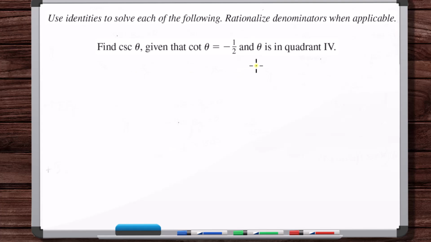Same type of question. We want to use the Pythagorean identity to solve this. But what's the Pythagorean identity between cosecant and cotangent? Sine squared plus cosine squared equals 1 is easy, but what's this one? You can just Google it, making sure you have a reliable reference. But remember how we could derive it. x squared plus y squared is equal to r squared.